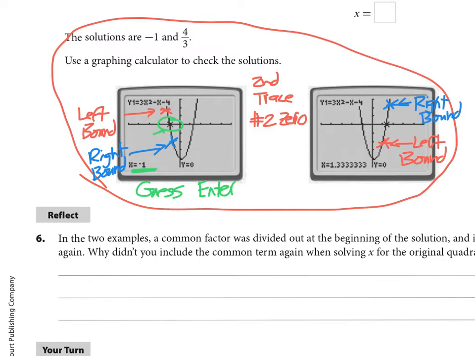So your cursors have to be on either side of it. And then just like before for guess, you just press enter, or you can move your cursor closer to the x-axis and then you get that. Now the answer here, if we did it factoring, would be 4/3 because 4/3 is 1.333 repeating.